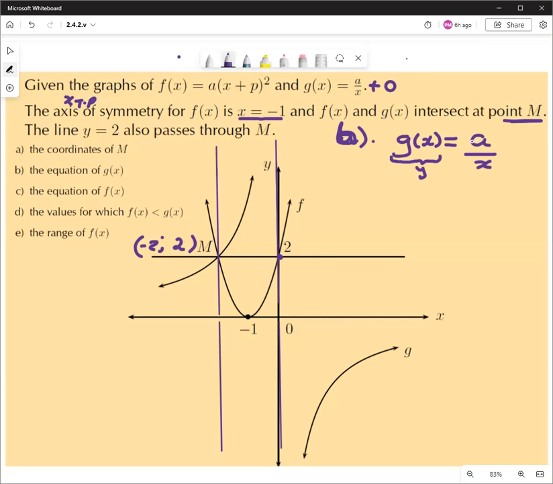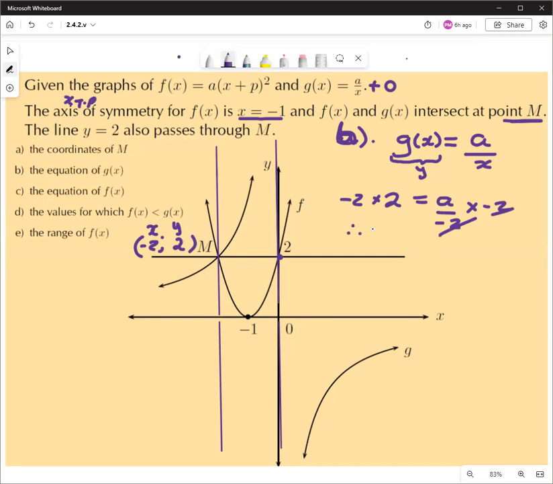And remember, I said if we have one unknown, we sub in a point. This is always our x. The first one is the x. The second one is the y. So where I see y, I'm going to put 2. So you put 2 there, and then equals a over the x value, which is -2, right? And then I can easily multiply by -2 both sides so that this 2 can cancel.